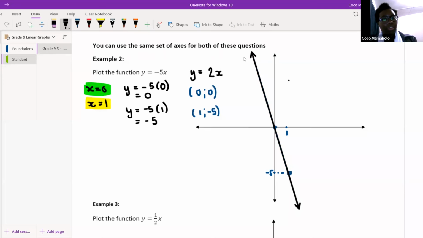And there's my graph. That's it. That's all that we needed to do. I only needed 2 points. So I chose 0 and 1.